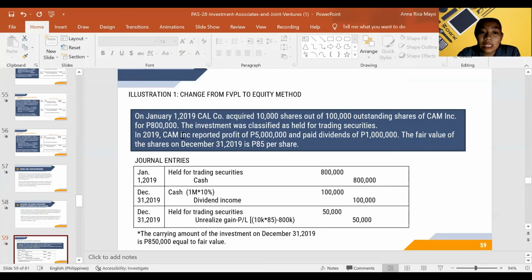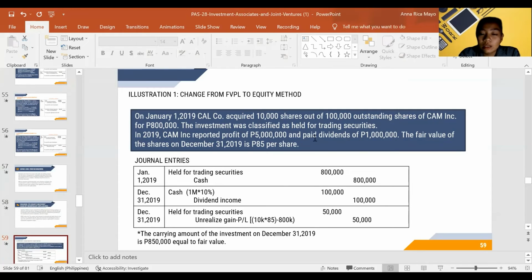In 2019, CAM Incorporated reported a profit of 5 million and paid dividends of 1 million. The fair value of the shares on December 31, 2019 is 85 per share. Ang journal entry natin dyan is held for trading securities, 800,000 and cash, 800,000.